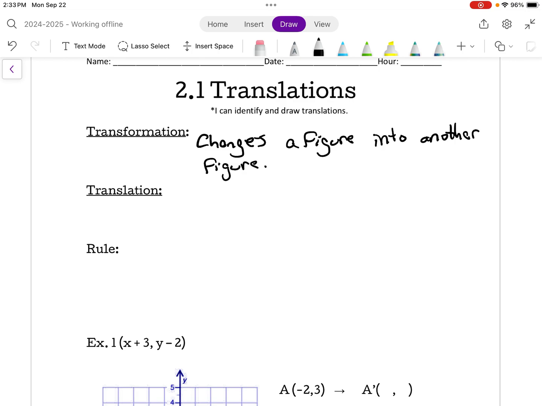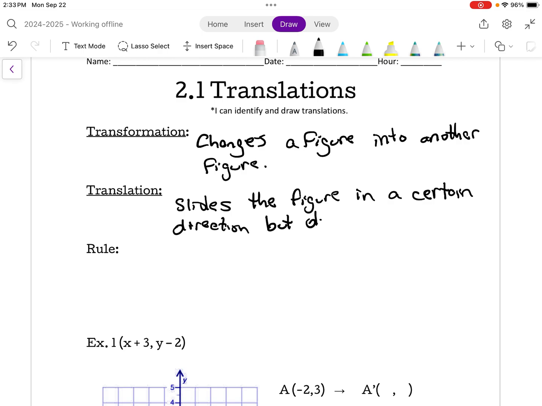And a translation is a slide, where it slides the figure in a certain direction but does not turn. A lot of people will call this a slide.